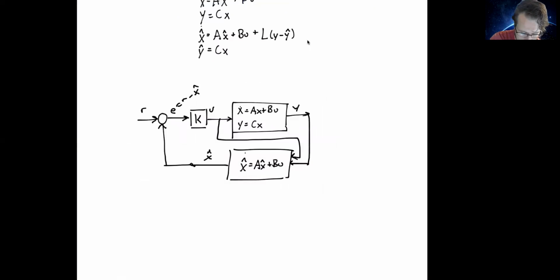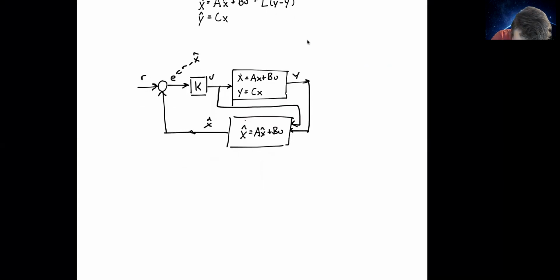So now, why is this useful or interesting?